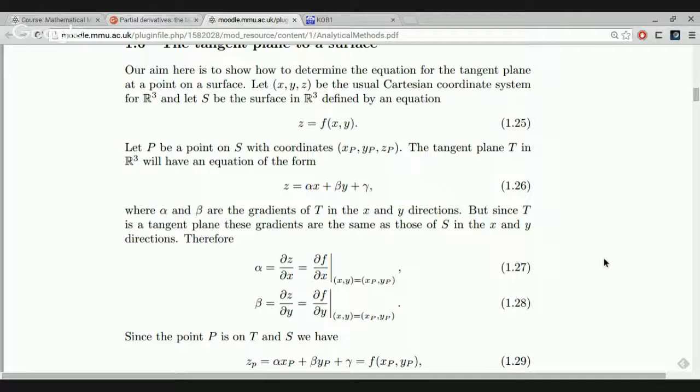And this value here is zp, which is the height of the point on the surface above the ground plane. So the surface, you think, is some undulating sheet above the ground. And we're focusing our attention on P here. What we want to obtain is some kind of description of the tangent plane to the surface at that point P, which gets harder and harder to draw neatly by hand.